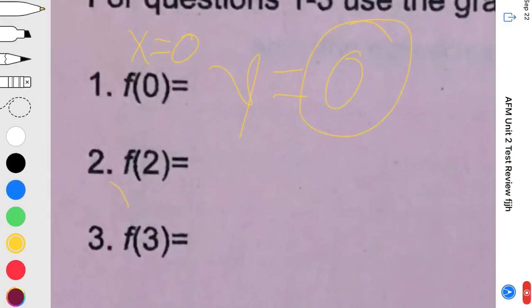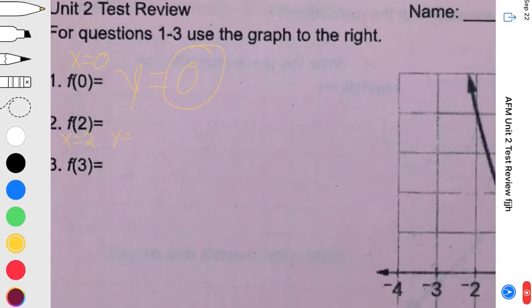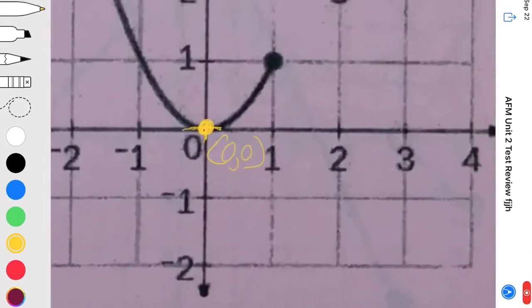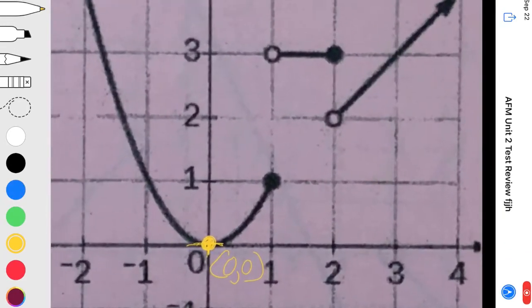Number 2, this is telling me x is 2. So what is y going to be? Well, I'm going to go to my graph. I'm going to figure out where my x value is 2. So this is talking about this line right here where x is 2. Well, there's not a point here.